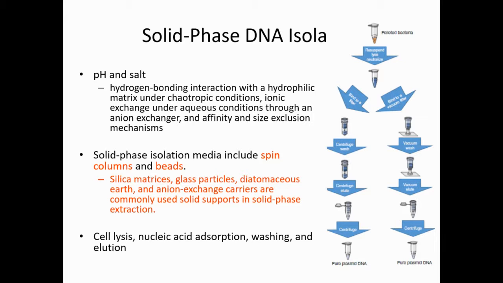And of course, the major steps involved in the solid phase: the first step is to lyse the cell, and then you have the nucleic acid absorption, and then washing, and then elution. Okay, just like the diagram here, right? So for example, you have bacteria, then you have to lyse the bacteria.